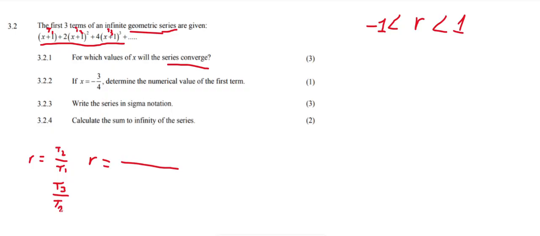Remember, in arithmetic it was minus, but now when it comes to geometric it becomes division. So this now is 2 open brackets x plus 1, remember this is being written twice, so let's write it individually.